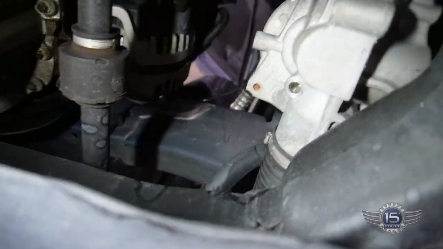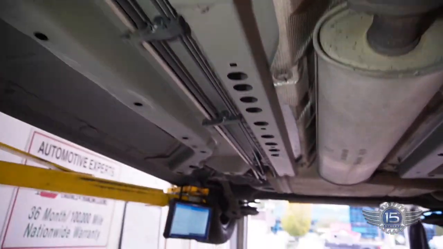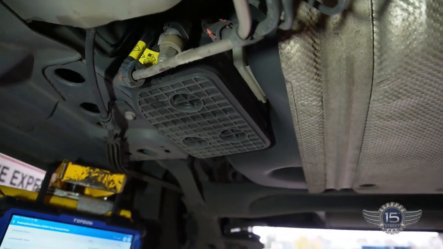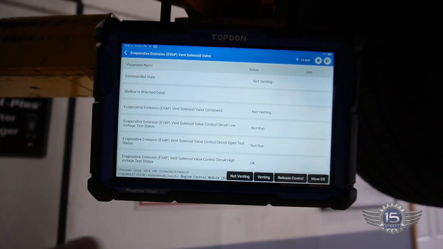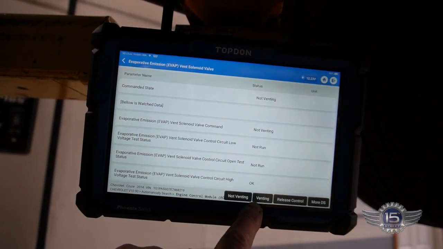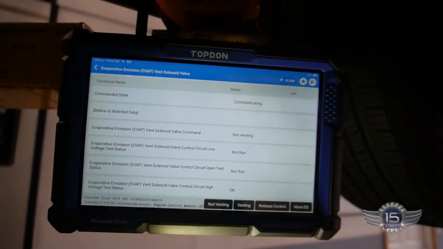It's not a fresh air leak in the purge system because there's no smoke anywhere now. So let's hook this thing back up, close that vent valve, and see if our lean condition goes away. Open this thing up here.